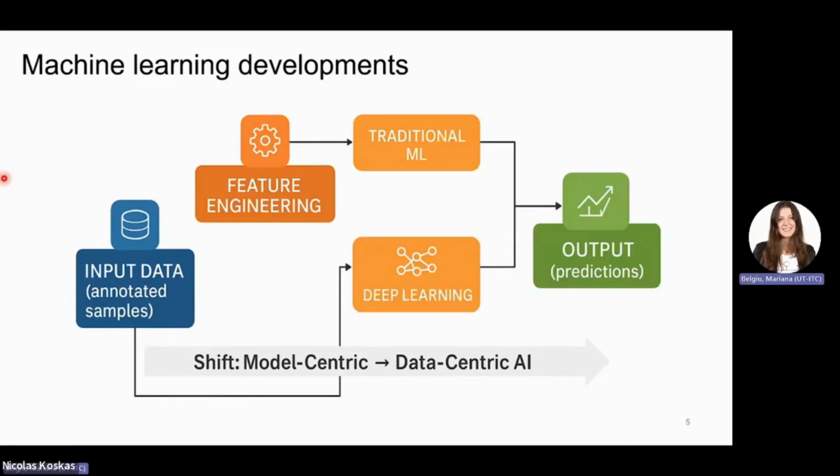Besides this transition from traditional machine learning to deep learning, we also have a transition from the so-called model-centric AI to data-centric AI. In model-centric AI, we focused a lot on hyperparameters, tuning them, finding the proper parameters, or maybe implementing a more complex model.